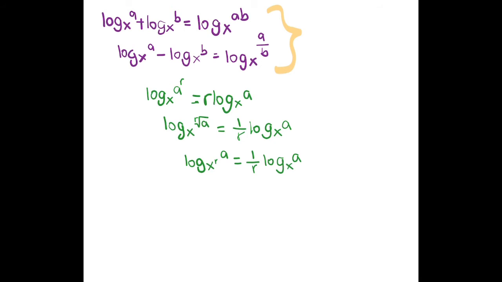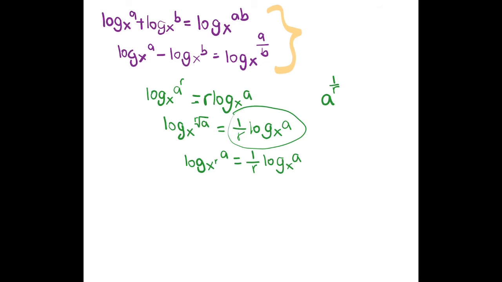So this would become r times log base x of a. If this was log base x of the r-th root of a, the r-th root equals a to the power of 1 over r. Therefore, 1 over r would become the coefficient of log base x of a.